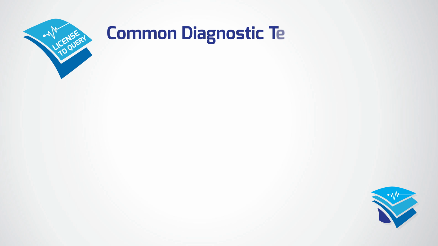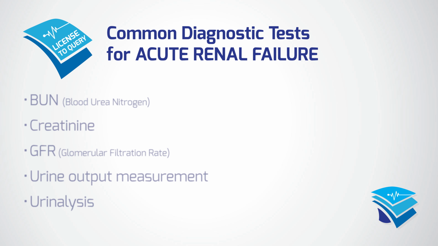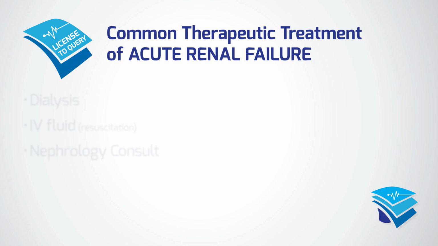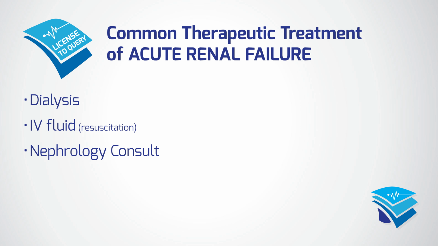Common diagnostic tests for acute renal failure include BUN, creatinine, GFR, urine output measurement, and urinalysis. Common therapeutic treatment of acute renal failure includes dialysis, IV fluids, and nephrology consults.